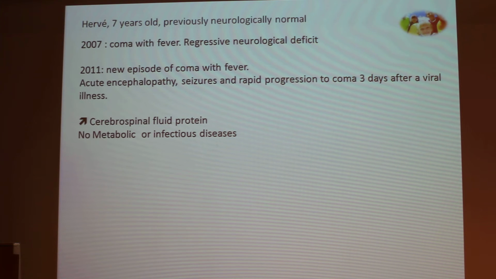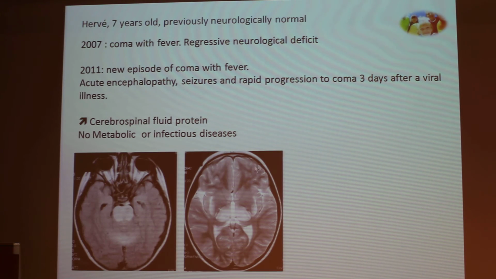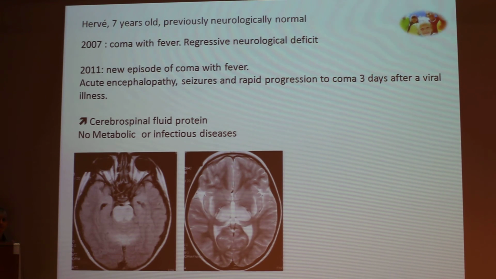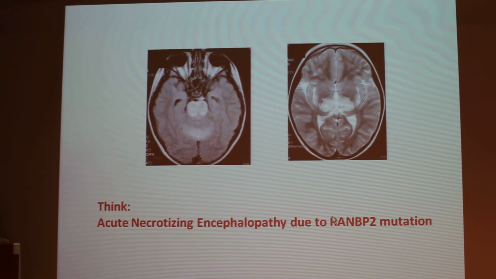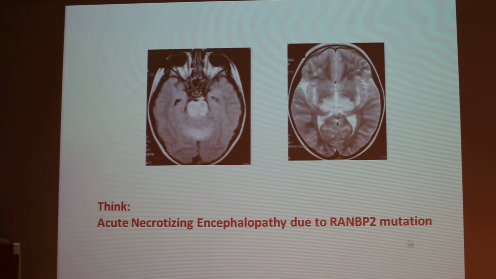He has an increase of CSF protein, and no metabolic or infectious disease. And he has the bilateral hypersignal in thalami and in the brainstem. You see here, and with this story, you should make the diagnosis. So, it is an acute necrotizing encephalopathy due to RANBP2 mutation.